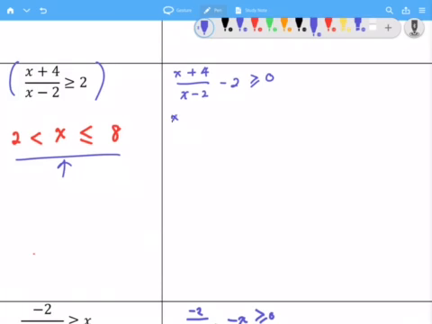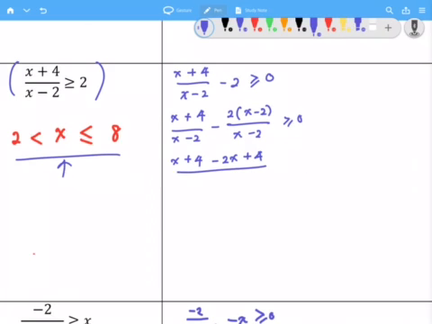Now you create a common denominator by multiplying 2 with x minus 2. And then you combine these two equations, x plus 4 minus 2x plus 4, divided by x minus 2, bigger than 0.